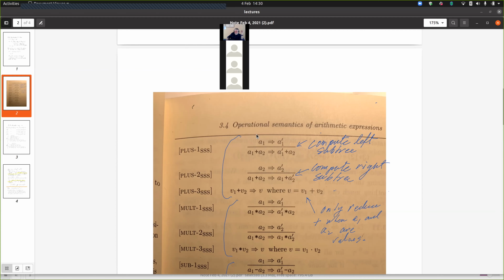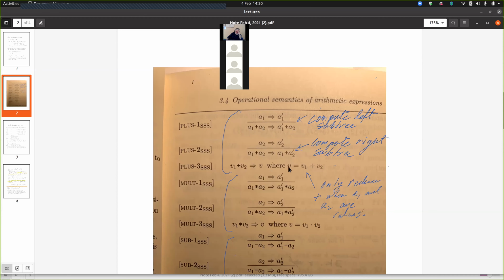So you can either go in the left subtree and do some computation, or go in the right subtree, A2, and do some computation. If you choose this rule, you do some computation in the left subtree, get back an A1 prime, and then replace that for A1 in the new expression, and now you've gone to this.